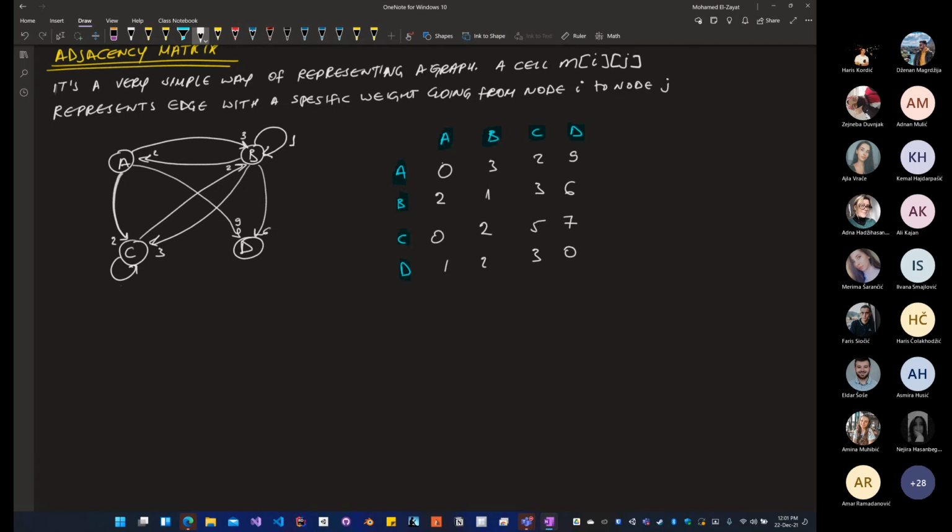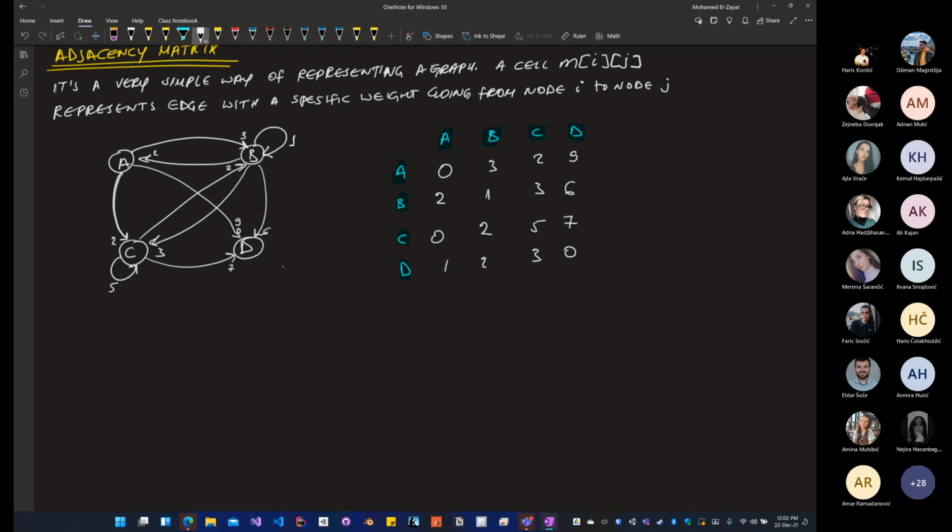C is not connected to A, but A is connected to C. So think of it like a one-way road. So this is 5. If you would like to navigate from C to A, you need to go through B and then A, like city roads or something like that, and to D is 7.